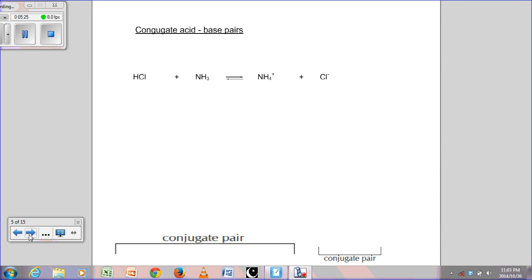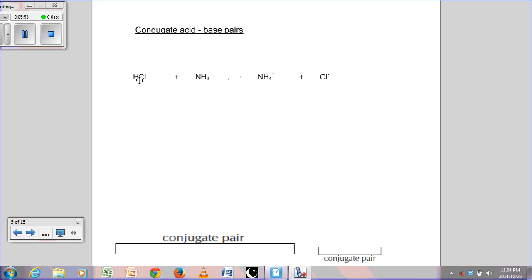Now, the next point to discuss will be the conjugate acid-base pairs. If you look at HCl, when we react it with ammonia, the reaction that follows is that you get NH4+, which is called the ammonium ion, plus the chloride ion that is formed. As we've discussed in the definition above, we know that an acid is a proton donor.